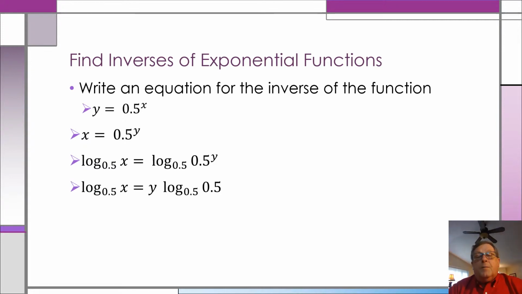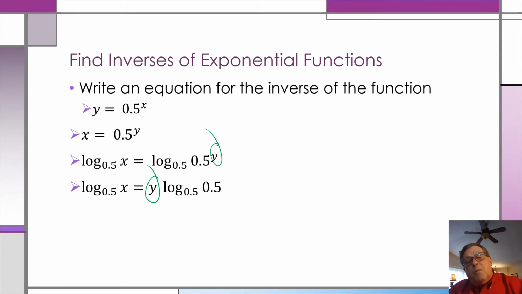Now, one of the properties of logarithms is when I've got this power sitting up here with a log, I can bring it out front. And now, having done that, I've got log base 0.5 of x equals y times the log base 0.5 of 0.5. And here's the reason why I did this.